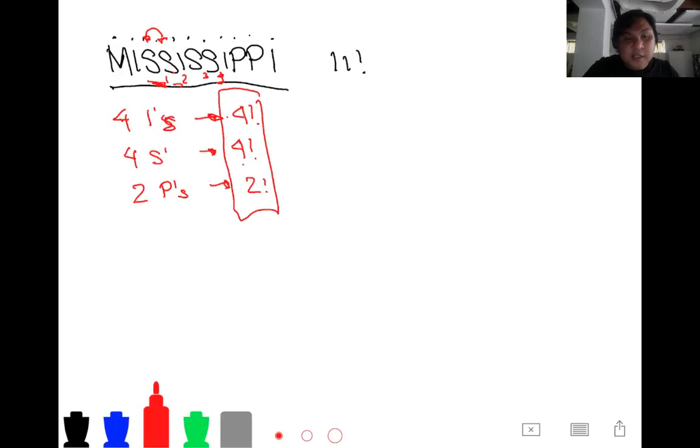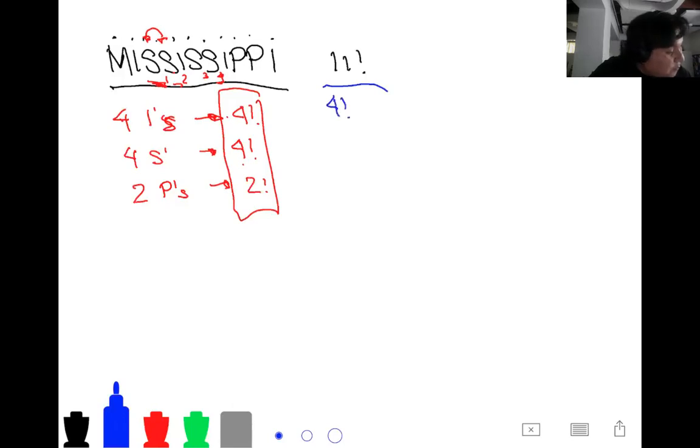All right. The total number of ways that you can arrange the letters of Mississippi is 11 factorial, but then you will have to remove the number of ways that you arrange those similar letters. So thus 11 factorial needs to be divided by 4 factorial. This effectively removes the number of ways that the I's can be arranged.